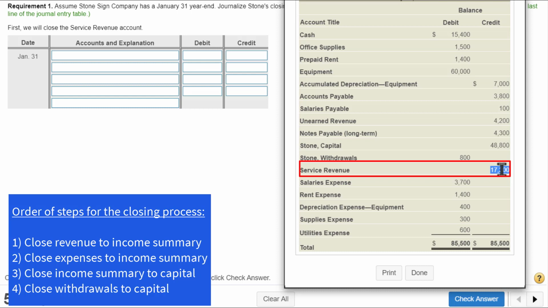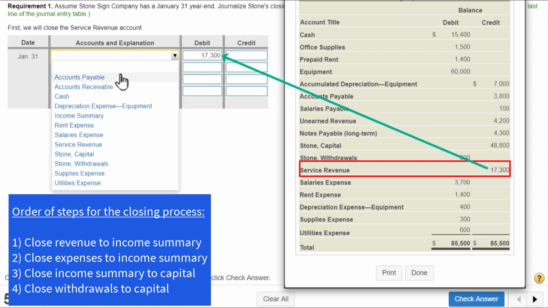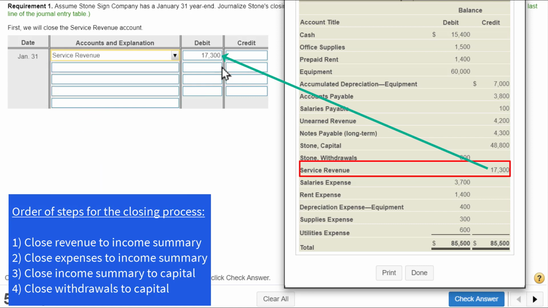So how do we close this account? Because remember, we want to eventually move the revenues to capital. Eventually. First they'll go into income summary. So to close an account that has a credit balance, you're going to debit it. So I'm going to copy and paste the $17,300, and I'm going to choose service revenue. So now we've closed service revenue.